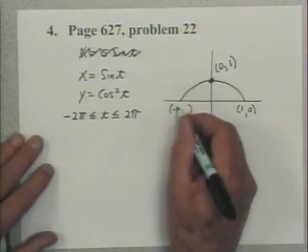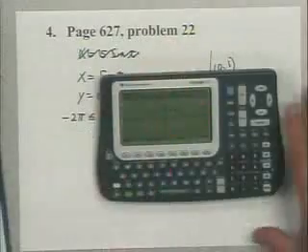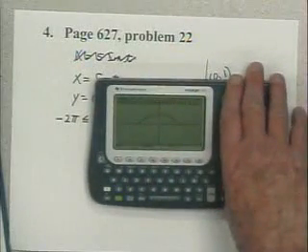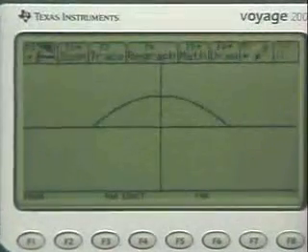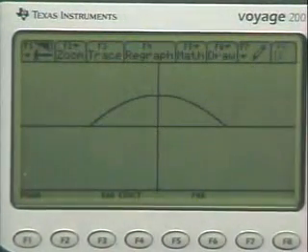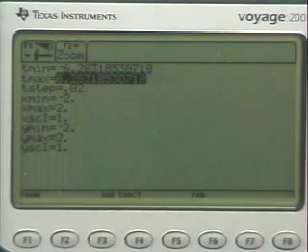Now, if you have a little trouble with that, you can go to your calculator and see what makes it stop right at the x-axis on the right. Now, I would guess that it's going to stop. See, it's starting at minus 2 pi, right?